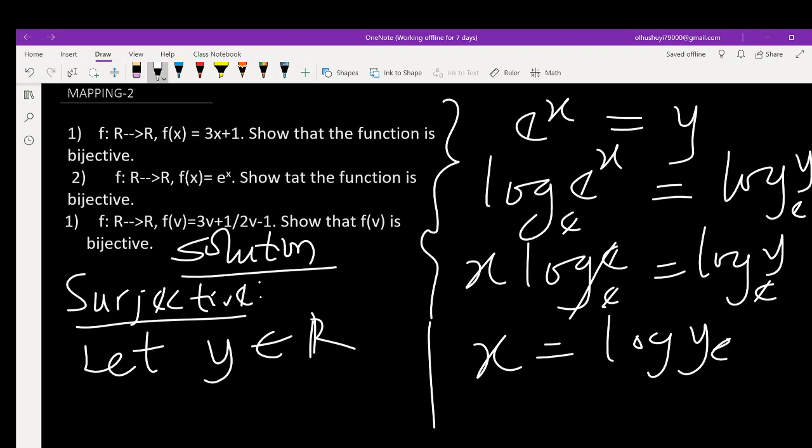Now the question you ask yourself is, will this be bijective? So what do we have? You have x to be equal to log y. But log of negative numbers do not exist. Yes, if y is a negative value, what happens?